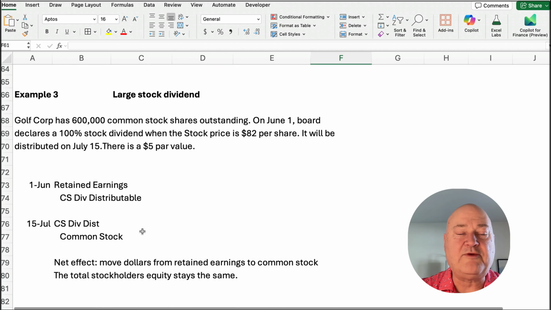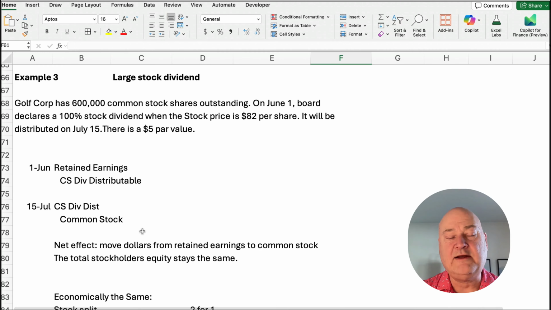Now, example number 3, what if we have a large stock dividend, more than 25%, so 26% or higher? Let's do Golf Corp, which has 600,000 shares of common stock. They declare a 100% stock dividend. Well, that's going to be easy to figure out. We're just going to have an additional 600,000 shares, right?